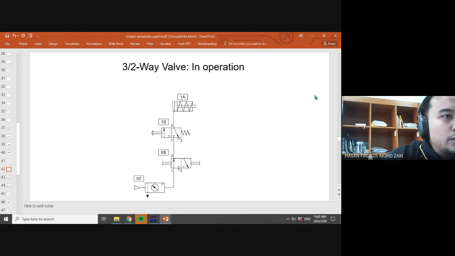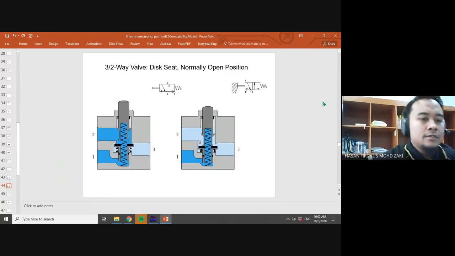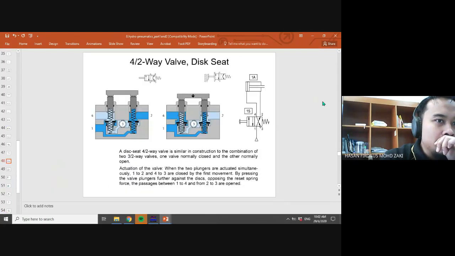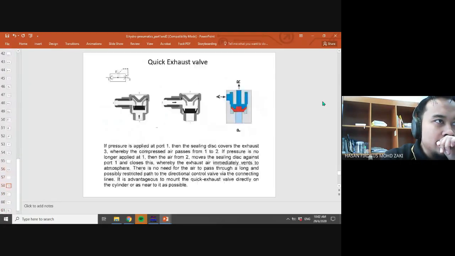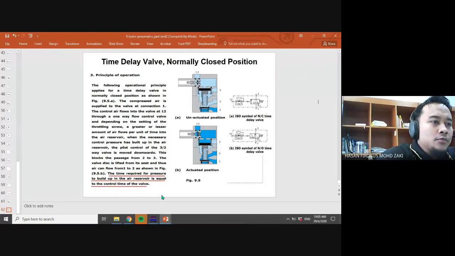The 3/2-way valve is what I've already gone through. This one you can go through by yourself, it is just the symbols. We'll go into more detail in the next class, inshallah. That's all for today.